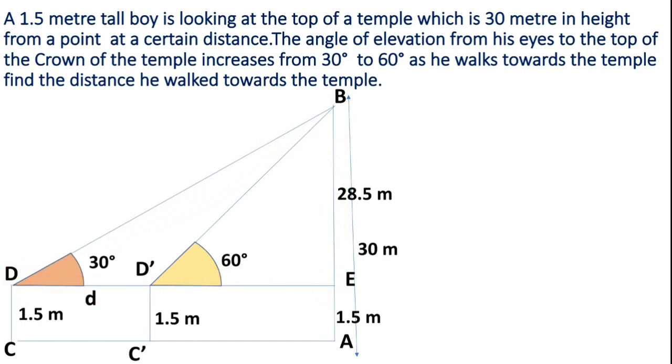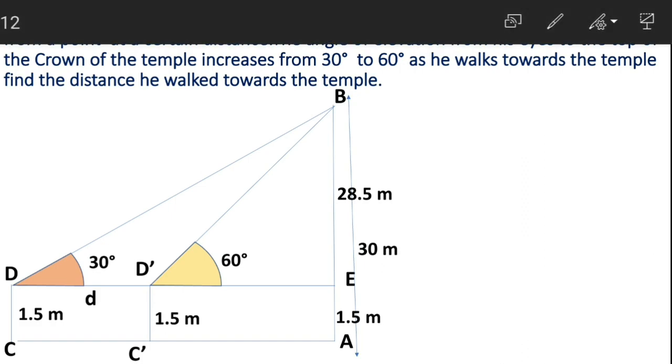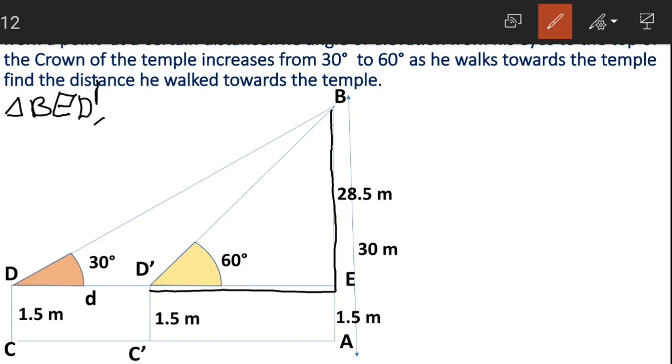So now first consider the right angle triangle BED dash. I am considering the right angle triangle BED dash first. If you observe BED dash, here the angle theta is 60 degrees.